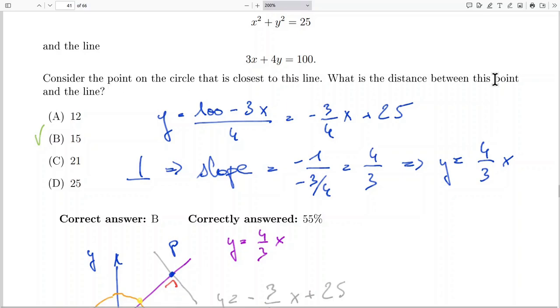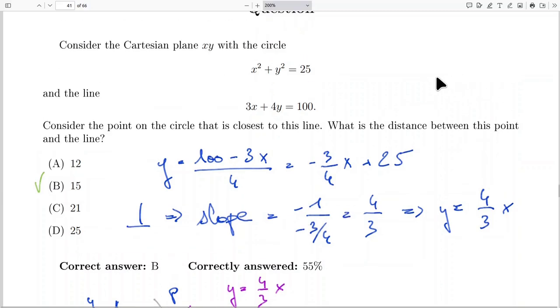What is the distance between the circle and this line? Consider the point on the circle that is closest to this line. Closest to this line is the same thing as drawing a line perpendicular to this line, which goes through 0 and which will contain the radius.